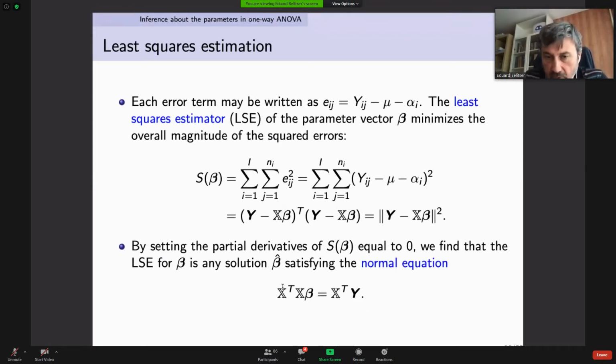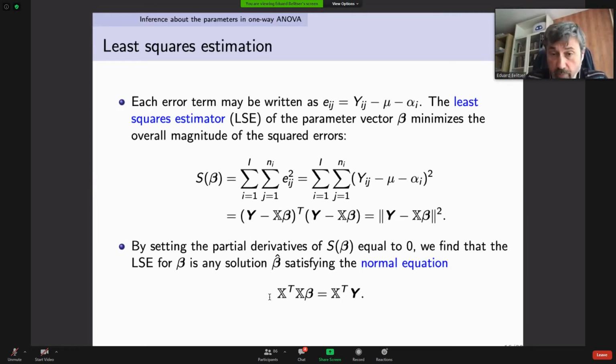It depends on this matrix here, when we take a derivative of this and set it to 0, we get that this boils down to this. So beta hat, the one which minimizes this, has to satisfy this. Now the question, can we find a unique beta? Well, only if x transpose times x is invertible. Only then can you find it.